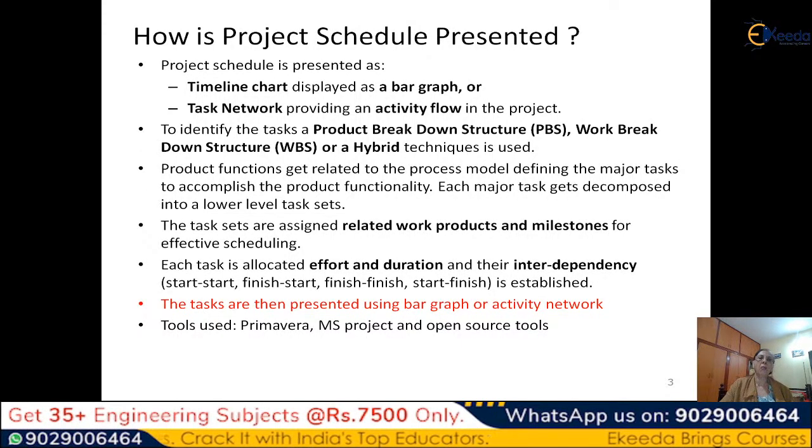So let's look at how the project schedule is presented. There are two basic, very important methods. One is the timeline chart, which is basically a bar graph. It is also referred to as a Gantt chart.